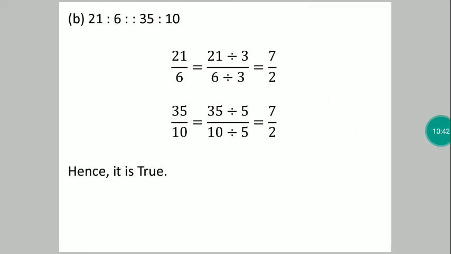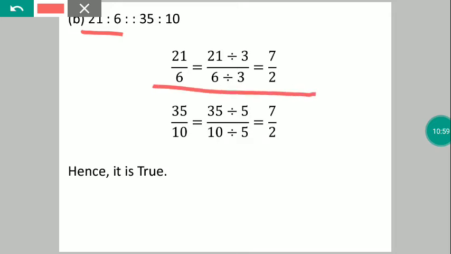Now B, 21:6 proportion 35:10, that is, both ratios are in proportion is given, so we have to check whether it is true or not. Now first the ratio of 21:6, 21 upon 6, so divide numerator and denominator by the highest common factor of 21 and 6, that is 3. So 21 divided by 3 upon 6 divided by 3, which is equal to 7 by 2.